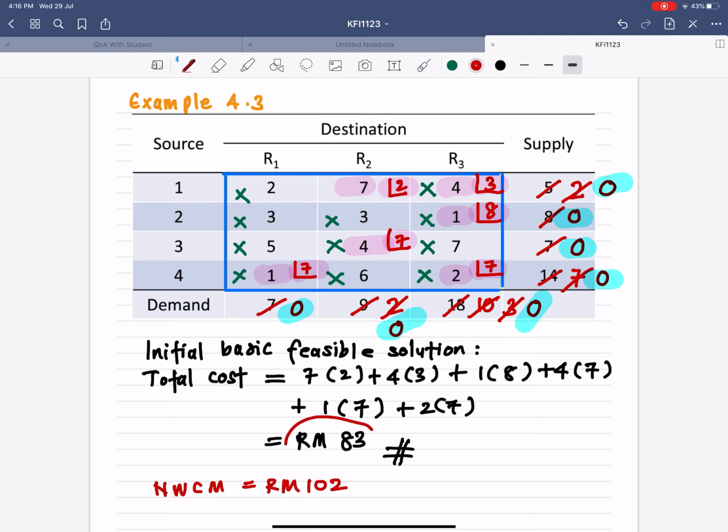But here we get RM83. So as the note given in the lecture slide, usually the total cost obtained using the least cost method will be less than using the northwest corner method. Okay, so that's all.